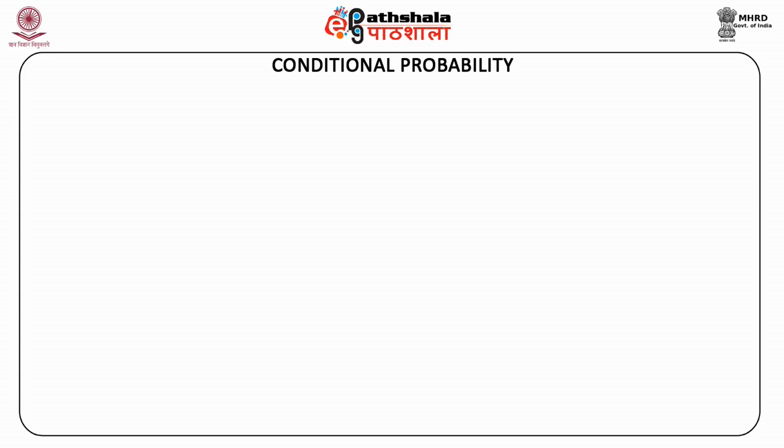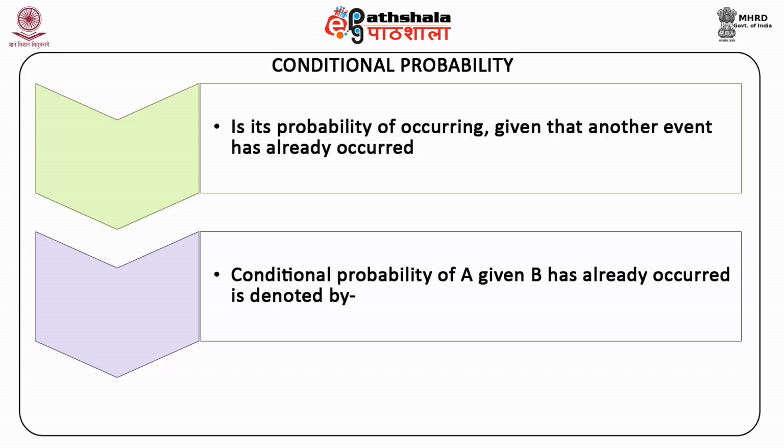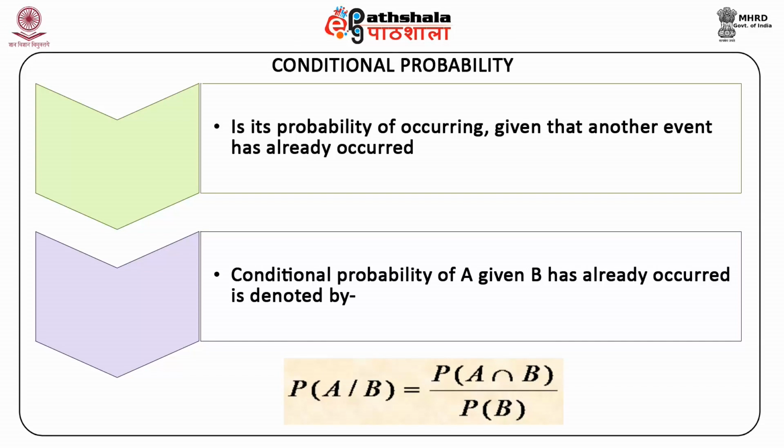Moving on to understand the meaning of conditional probability. Conditional probability of an event is its probability of occurring given that another event has already occurred. If A and B are events in the same sample space, then the conditional probability of A occurring given B has already occurred is denoted by P of A slash B equal to probability of A intersection B upon probability of B, for probability of B not equal to 0.